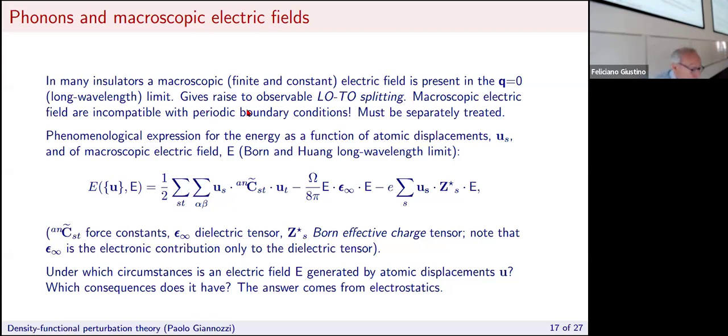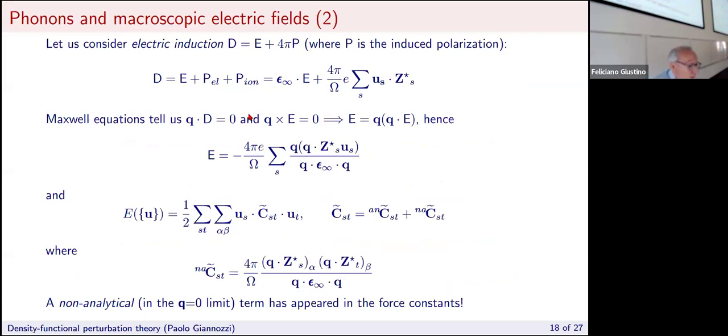And the origin is that, if you consider the case of simple semiconductors, with two atoms oscillating one against each other, you have three phonon polarizations that are possible.